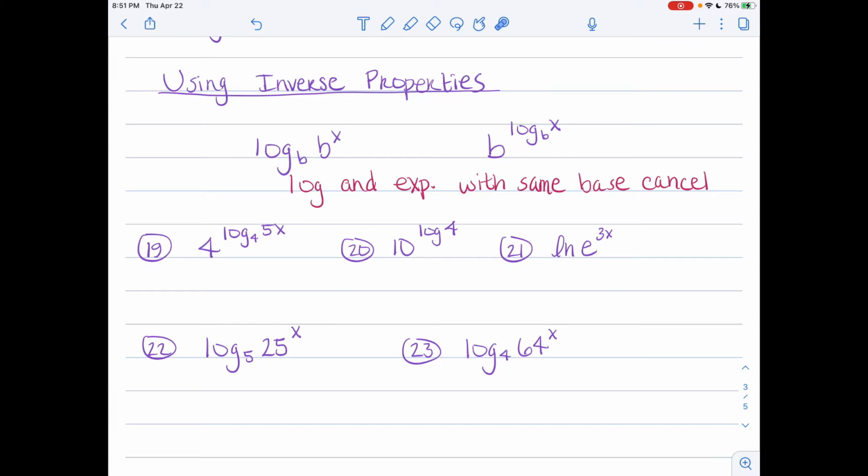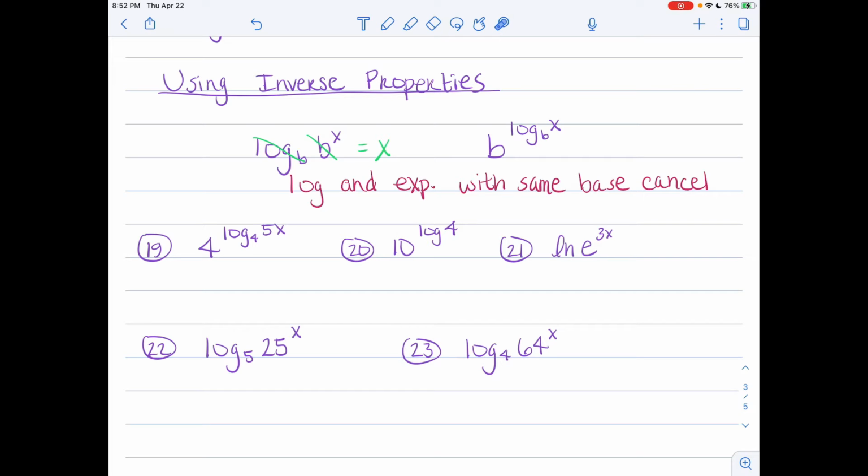On this first one, we have log base b, so we have a base number of b, and then we have an exponent expression, b raised to the x power, so b is the base of our exponent as well. Log b and this base b will cancel, and all we're left with is simply an x, whatever the exponent was.